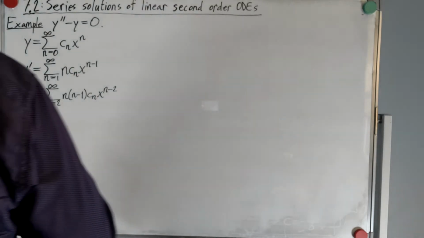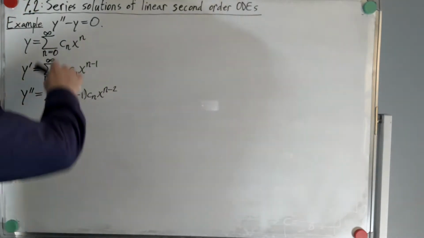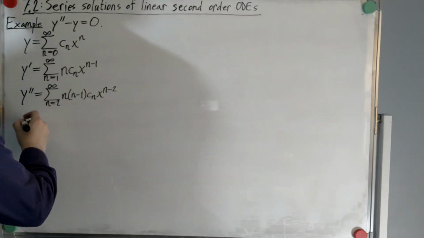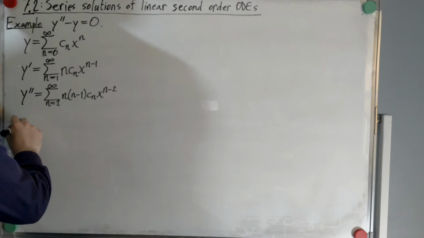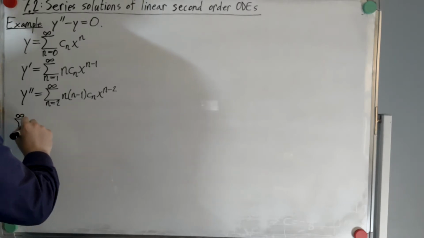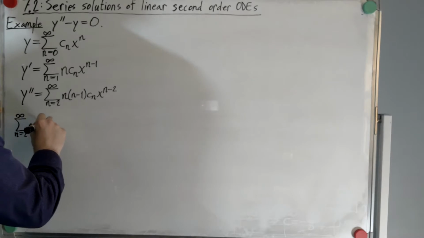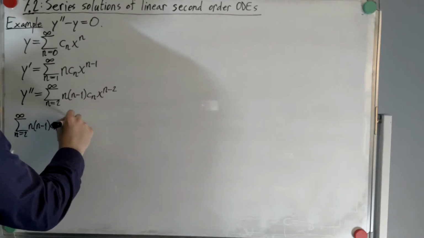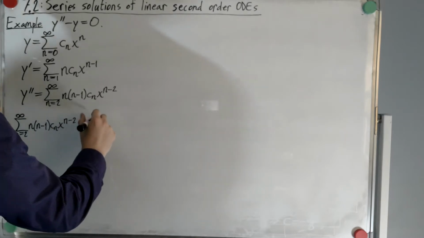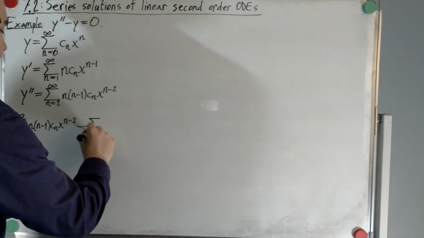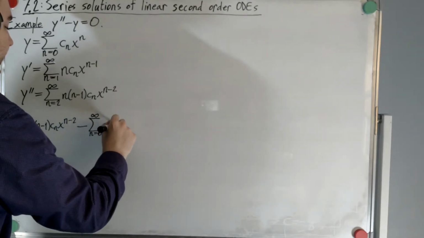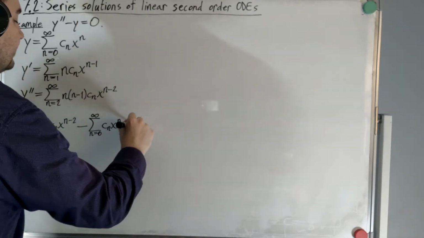Now if this y is indeed a solution of this ODE, then we can write down sum from n equals 2 to infinity, n(n minus 1) Cn x to the n minus 2, minus sum from n equals 0 to infinity, Cn x to the n. This has to be 0.